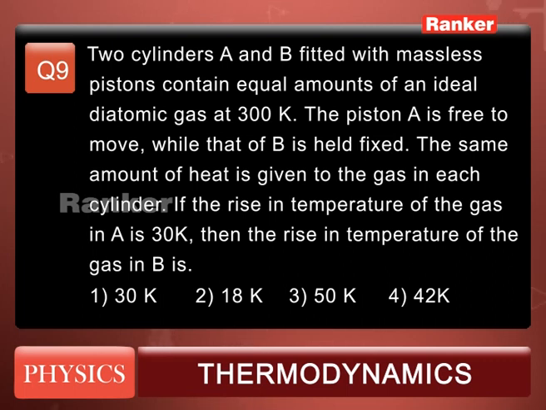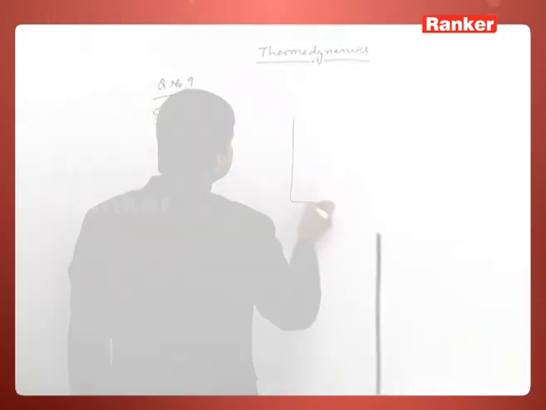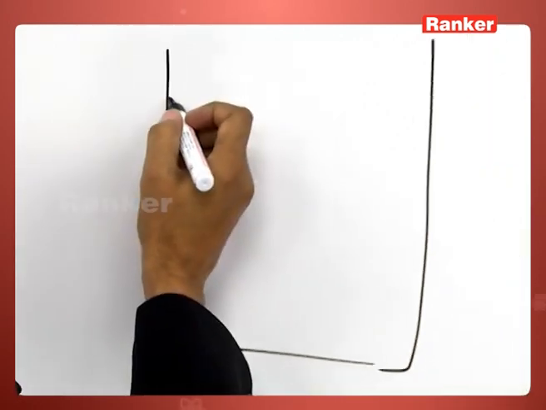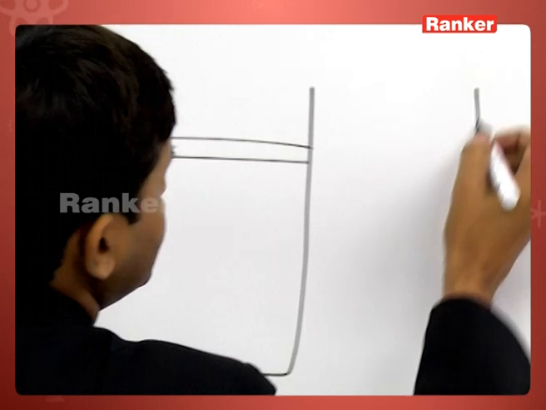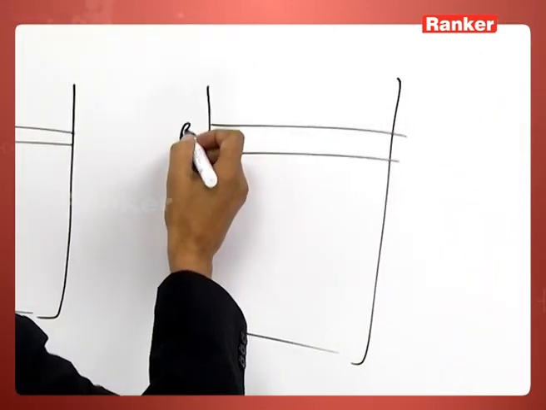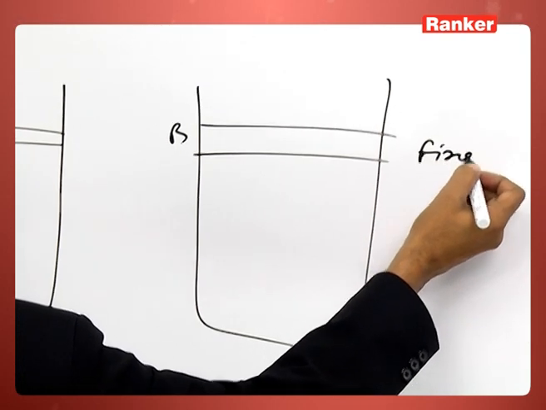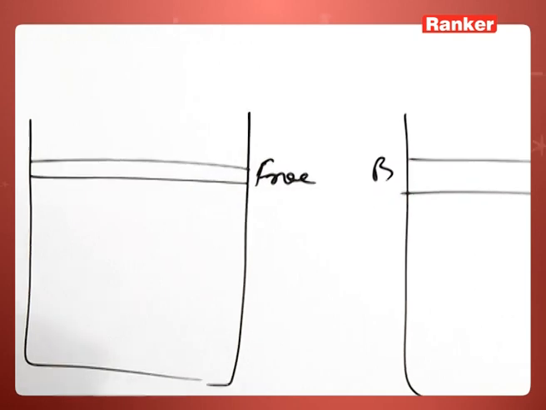In this question there are two containers, in which one has piston A, which is free to move, and B, which is fixed. So what is the difference?